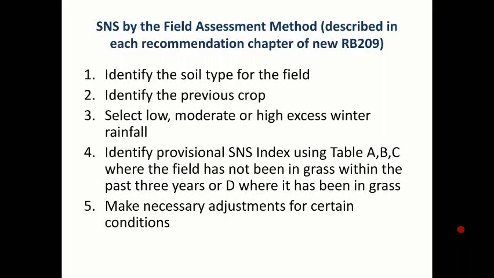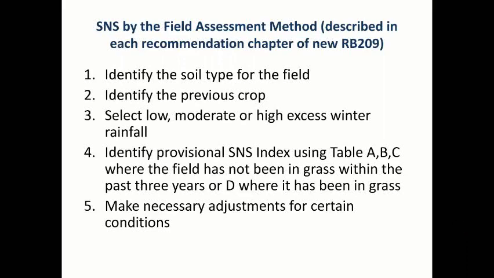You do that by looking at a map of England and identifying where you're located on that map. And then you identify your provisional soil nitrogen supply index using one of the tables, A, B, or C, depending on rainfall, or D if it's just been in grass. And then you may make a few adjustments based on some notes in RB209. But basically, you just look it up in the book.